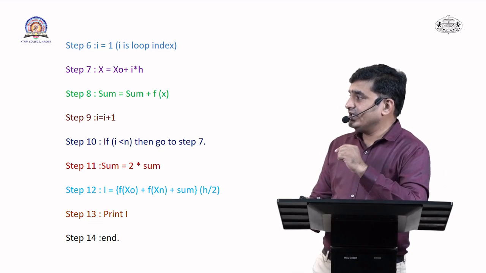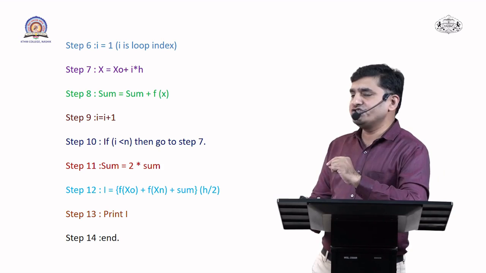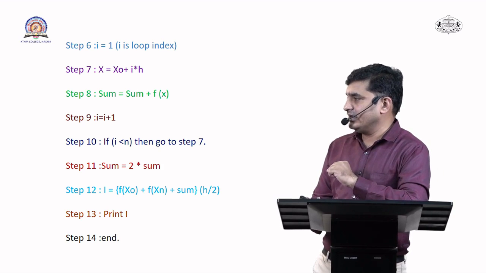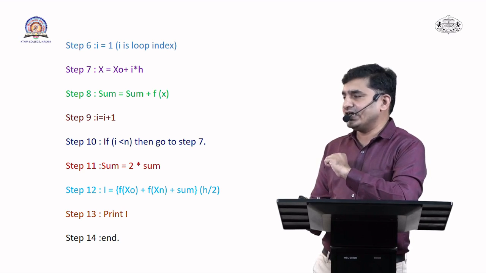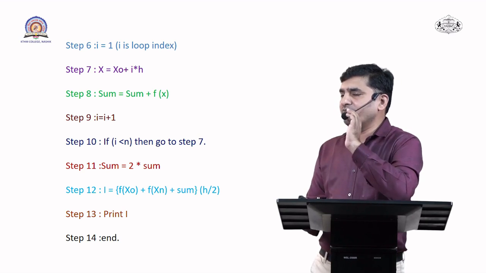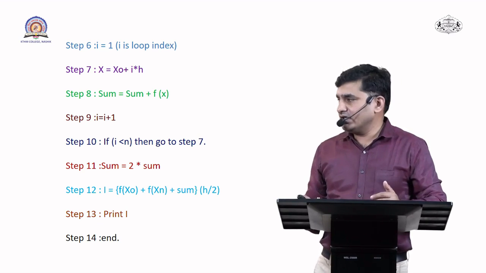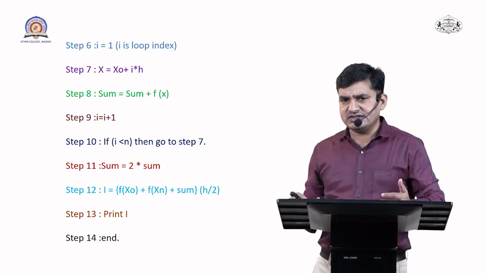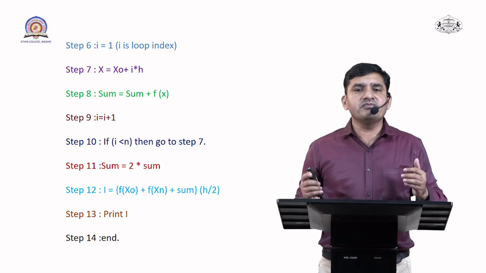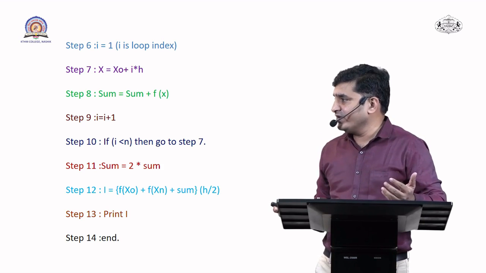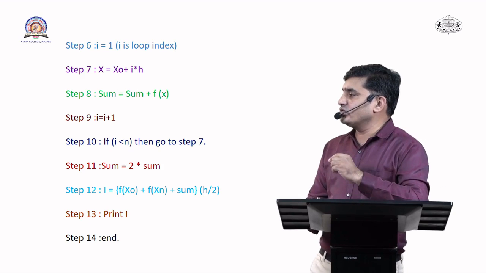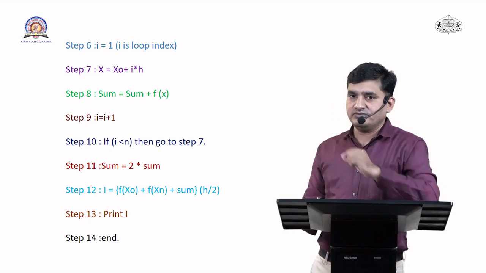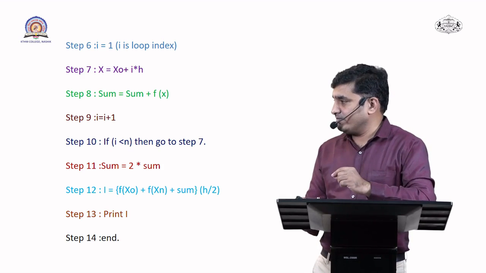This step is carried out as long as i is less than n. When this condition is true, that is i is less than n, go to step number 7. But if this condition is false, that is i became greater than n, then step 11 is sum is equal to 2 into sum.